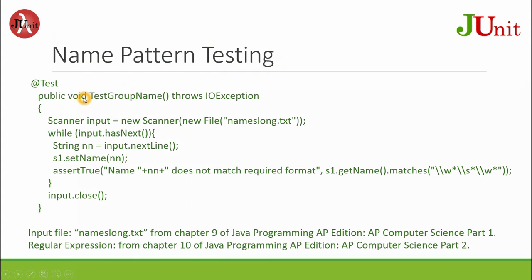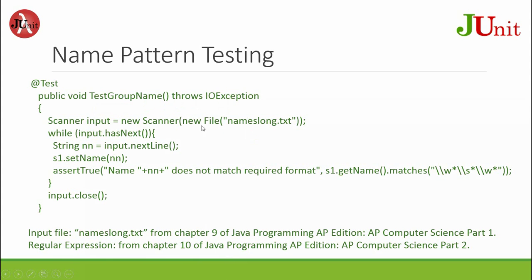Name pattern test. In this run test example, I slightly modified the StudentTest class, including this test group name method. It reads in a file, so you need the IO exception handling. You need to throw the IO exception object.